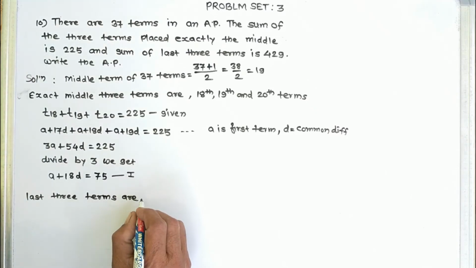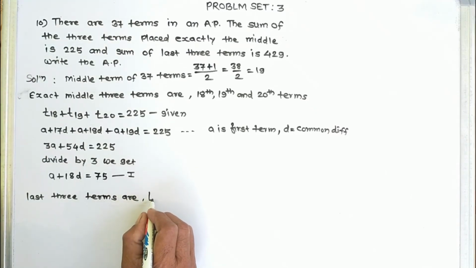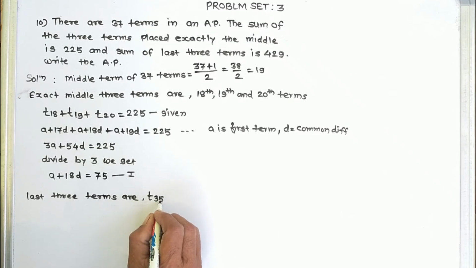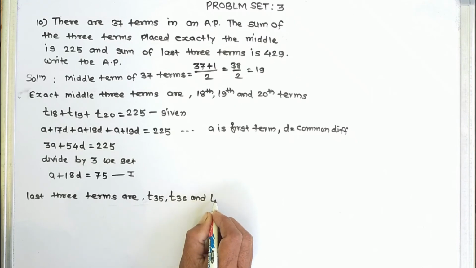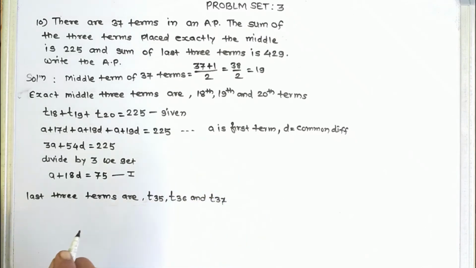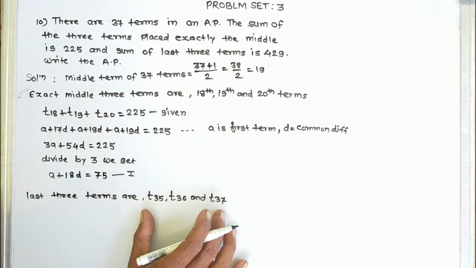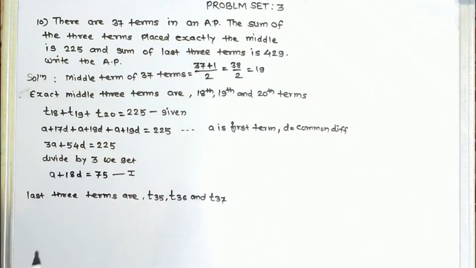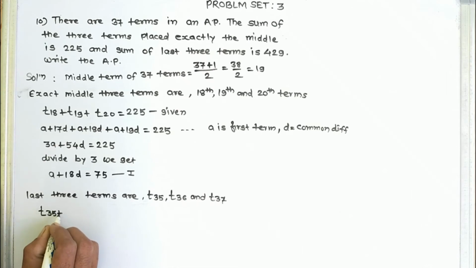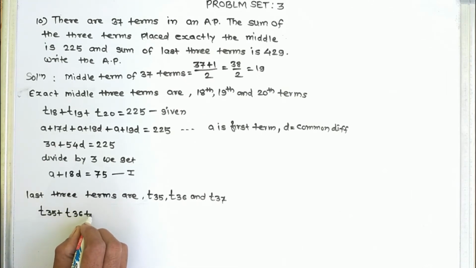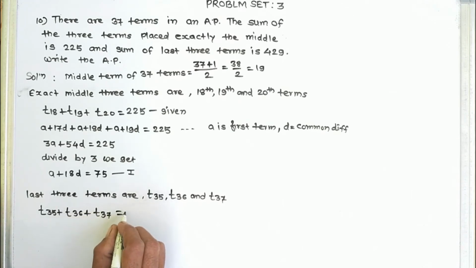So the last three terms are T35, T36 and T37. We have given the sum of these three terms is 429. So T35 plus T36 plus T37 equal to 429.